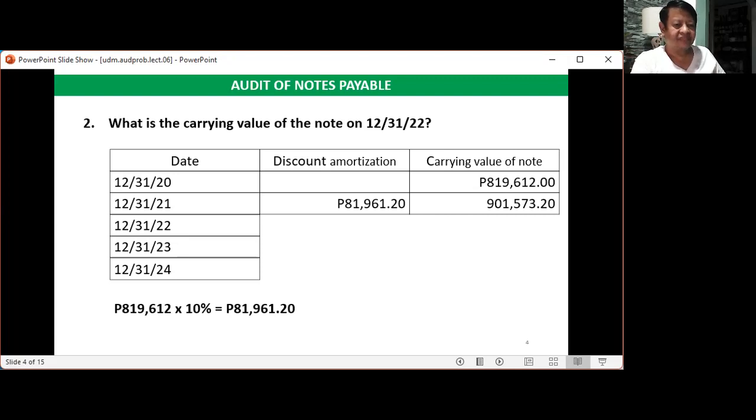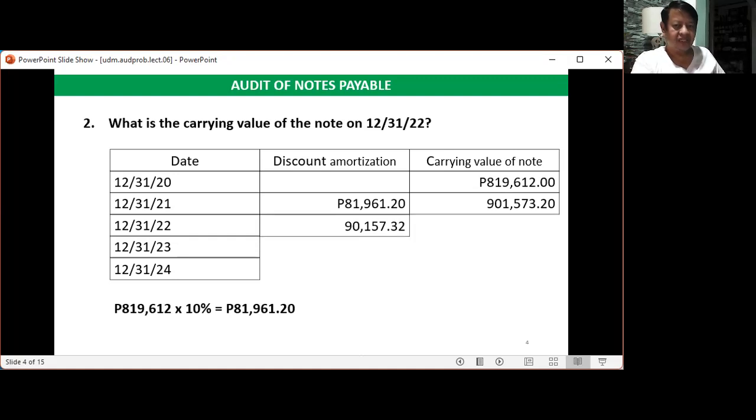So on December 31, 2022, we will again compute for the interest or the discount amortization for the year. That is 901,573.2 multiplied by 10%. That is 90,157.32.